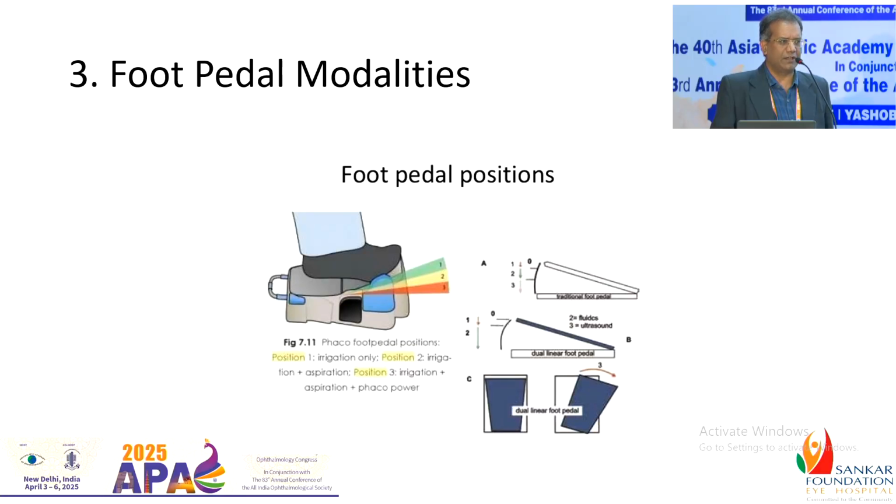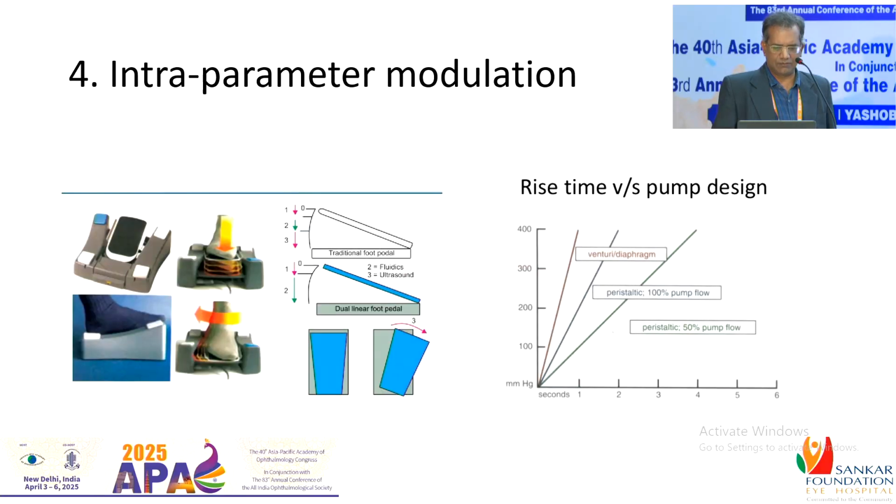Sometimes it will be a three-dimensional way, a mix of linear and non-linearity. And it is very useful to understand these things and use it at various situations. So how vacuum is rising, how phaco-parameters are rising with time, and the mode or the position of the foot pedal is to be understood.